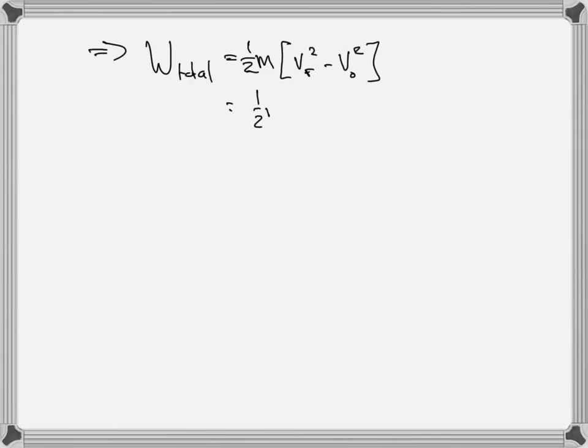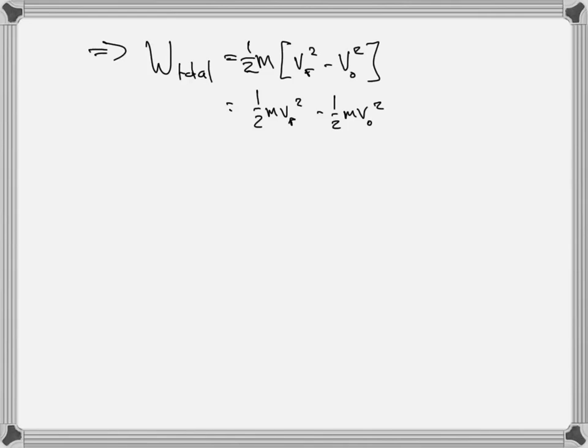And so therefore, ta-da, W total, the net work on any object, is always going to be equal to M, factoring out the half, times Vf squared over 2 minus V initial squared over 2, so it's 1/2 M Vf squared minus V initial squared, or 1/2 M V final squared minus 1/2 M V initial squared.